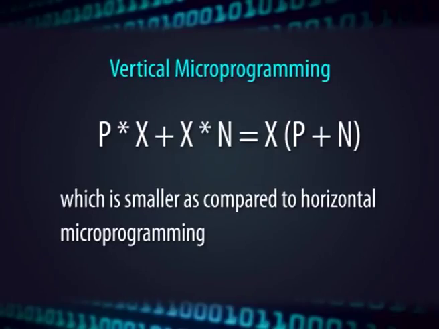The horizontal microprogramming requires P into N into X bits of storage in micro memory, whereas the vertical microprogramming will require only P into X plus X into N, which is equal to X into (P plus N), and it is very small as compared to the memory required for the horizontal programming.